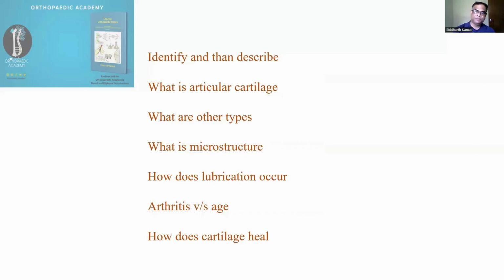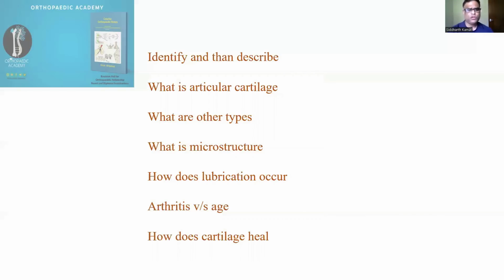Fibrous cartilage is present in structures like menisci. It has a high level of fibrous tissue. Whereas elastic cartilage is present in the ear and it has a high level of elastin. Physis is also a cartilage, a specialized cartilage.